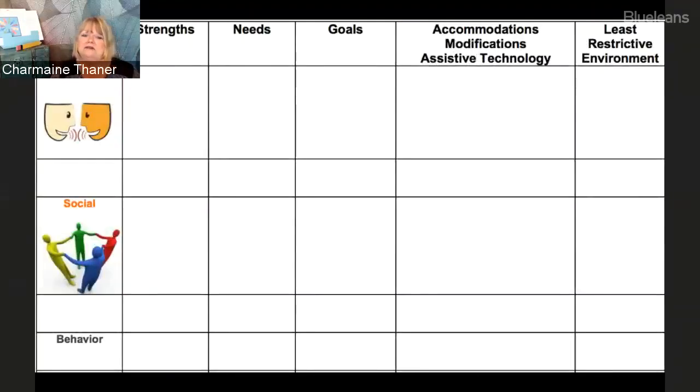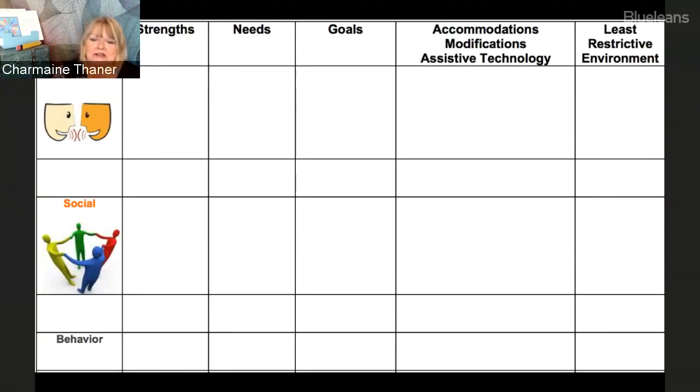I also looked at communication, social behavior. And the student that I was working on for this, those were the areas where that student had strengths and needs, and we were also going to be putting in specific goals and reaching out to get him included more.